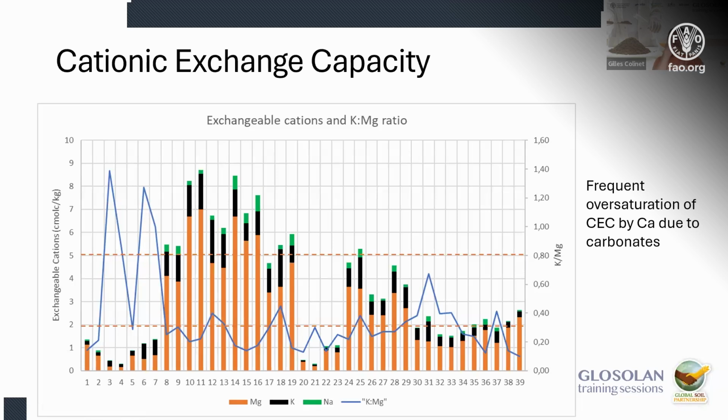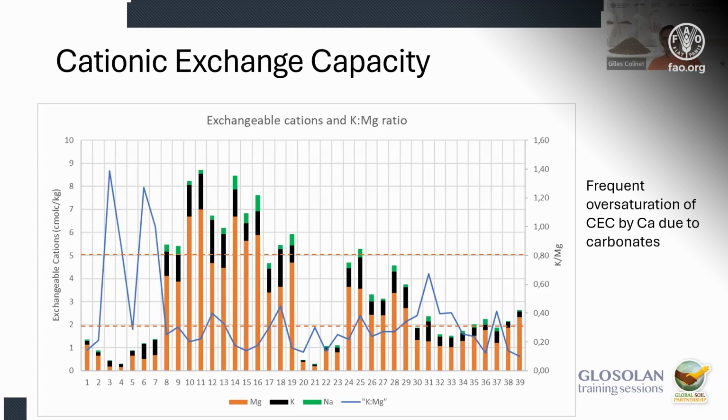An interesting indicator in this is the ratio of potassium to magnesium. There can be interactions between these two, especially for some crops or the grassland.